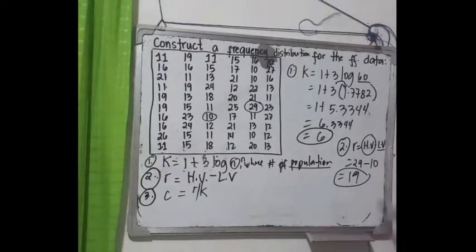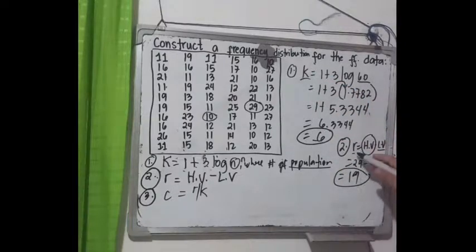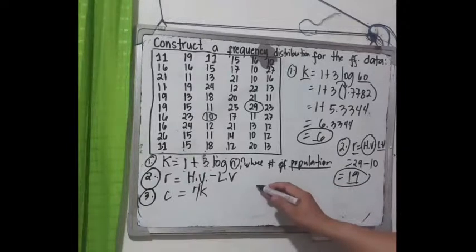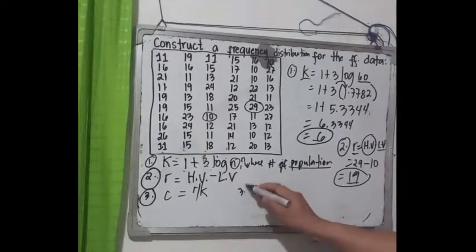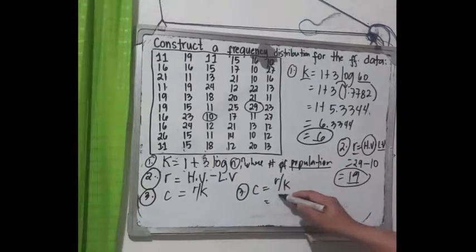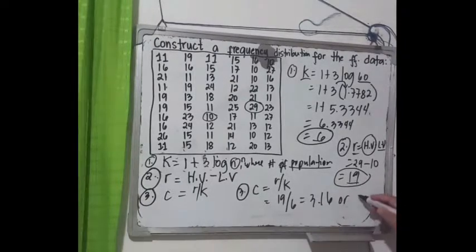Next, remember the value of k is 6 and the value of r is 19. How about the class size? So c equals, step number 3, r over k. That is 19 over 6, or 19 divided by 6, that is 3.16, or approximately 3.